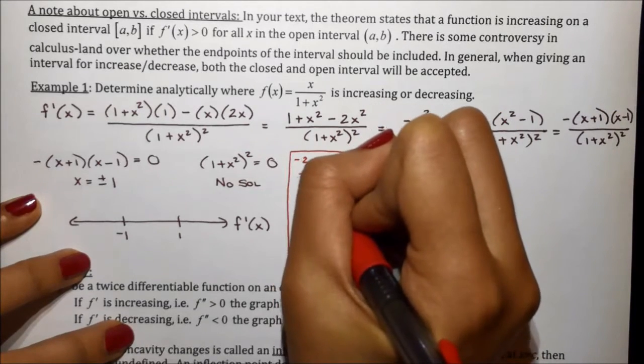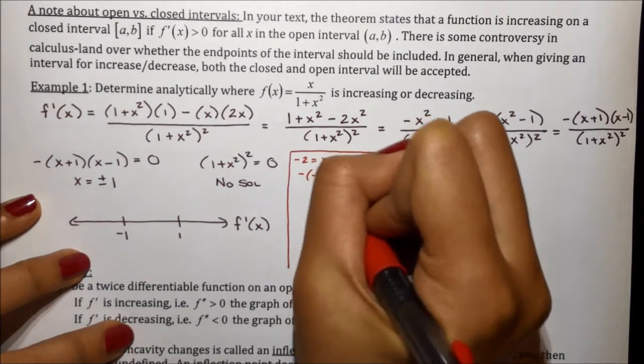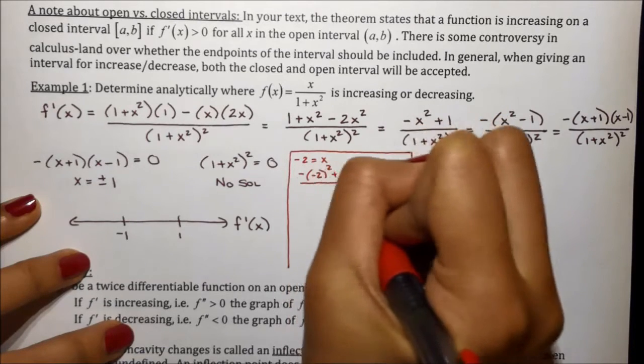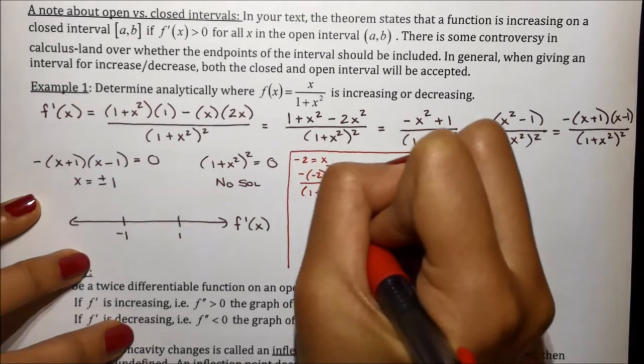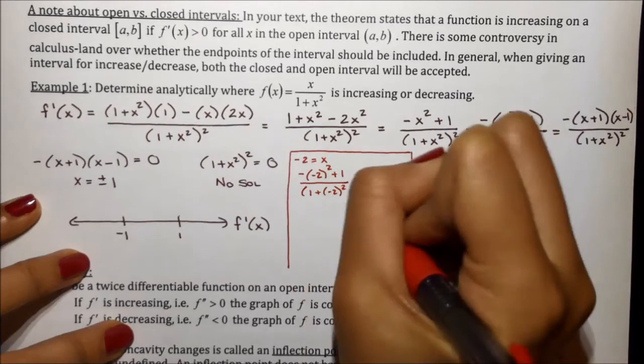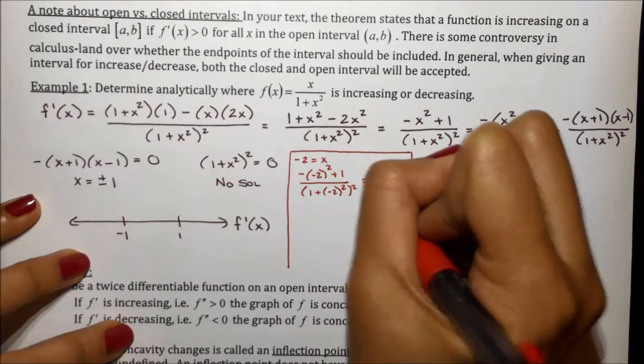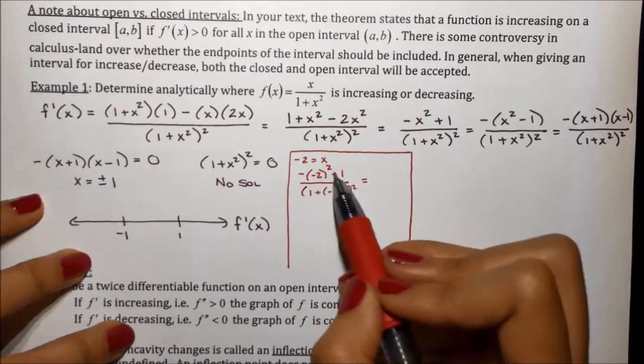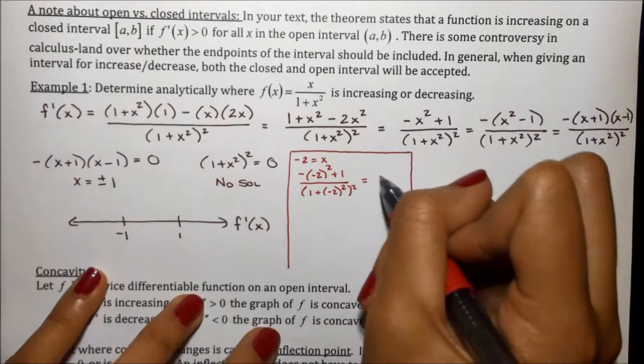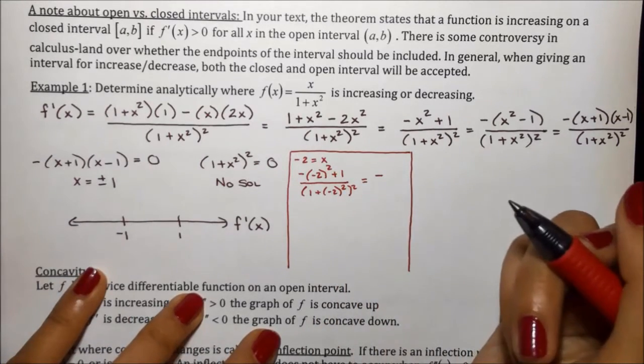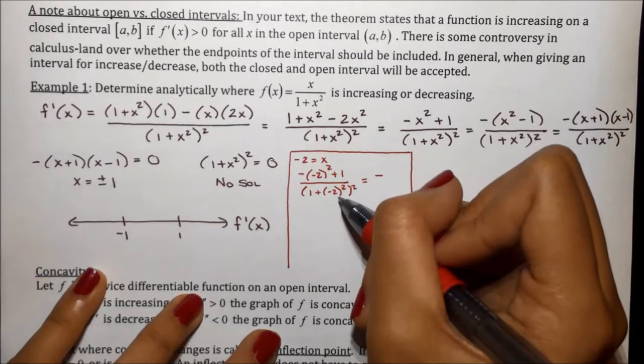So -2 squared plus 1 over 1 plus -2 squared. Up here is going to be a negative number. And then on the bottom, it's going to be a positive number.